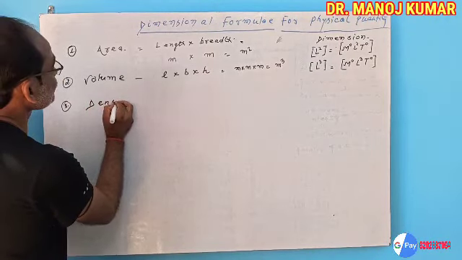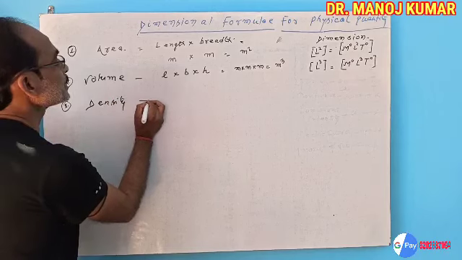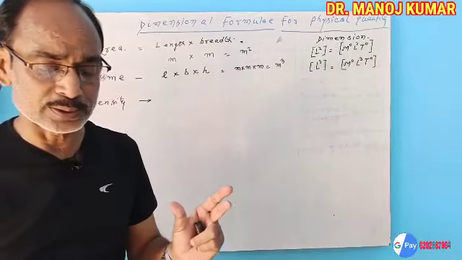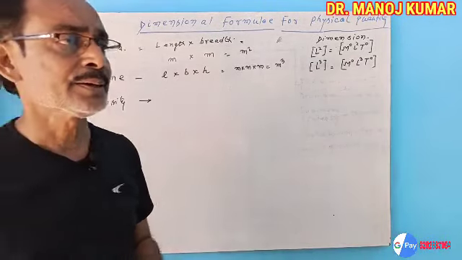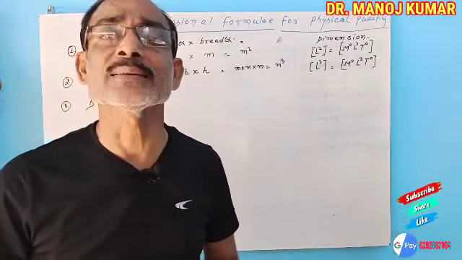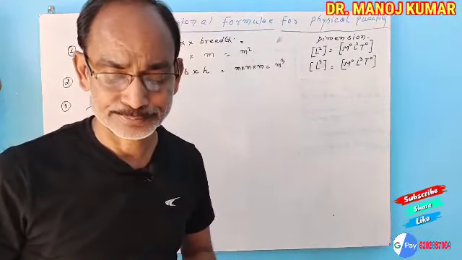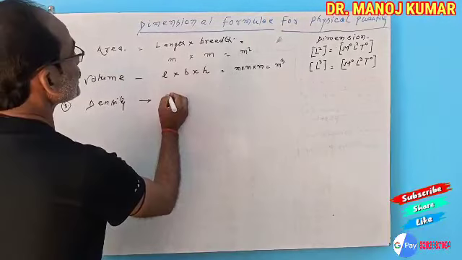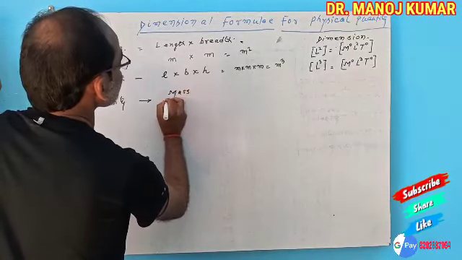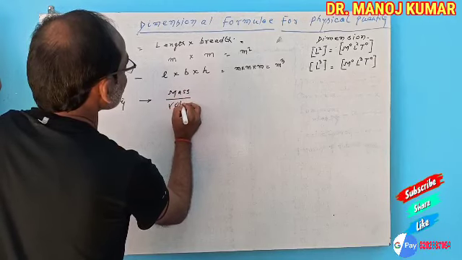Density. According to the definition, density of a substance is the ratio of its mass and volume. So, density equals mass upon volume.